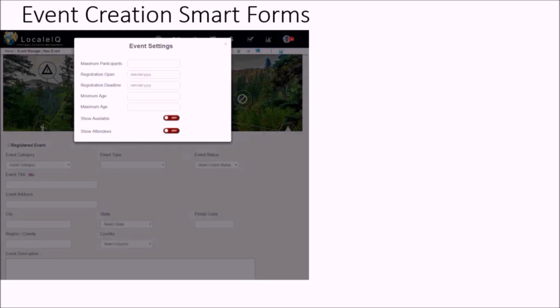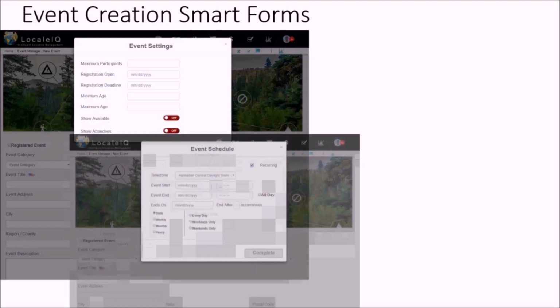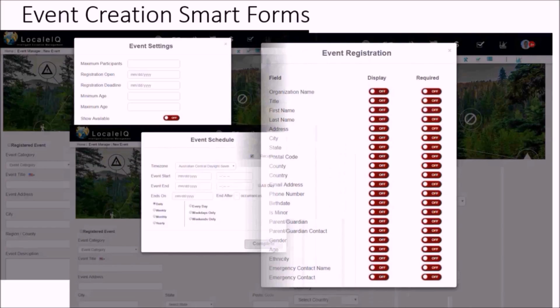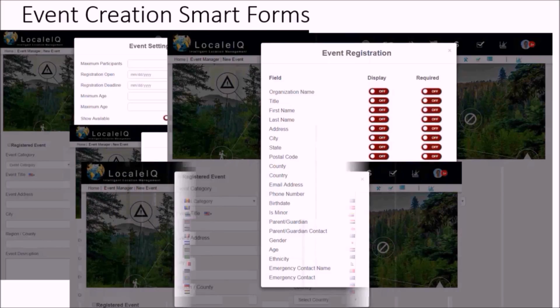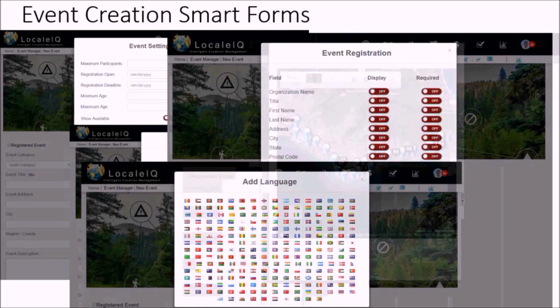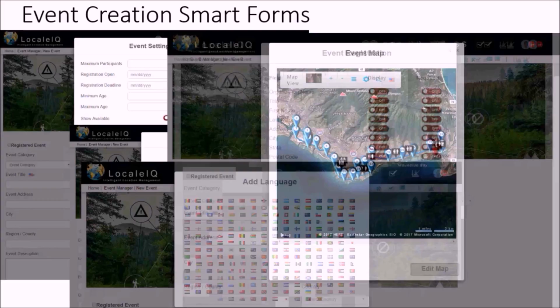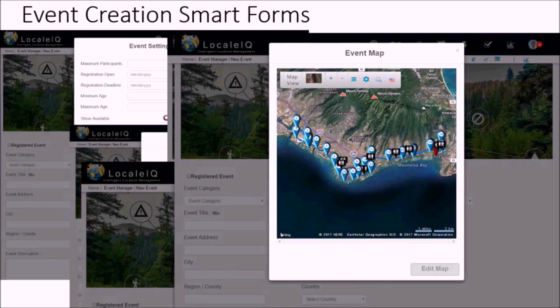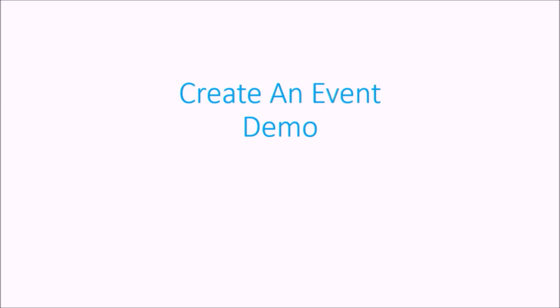Events Manager Smart Forms for setting everything up, from settings to schedules to required information to localizing it to creating an event map, make building these one-time or recurring events very easy, as Tom will show you in a moment. Tom is now going to demo the creation of an event.